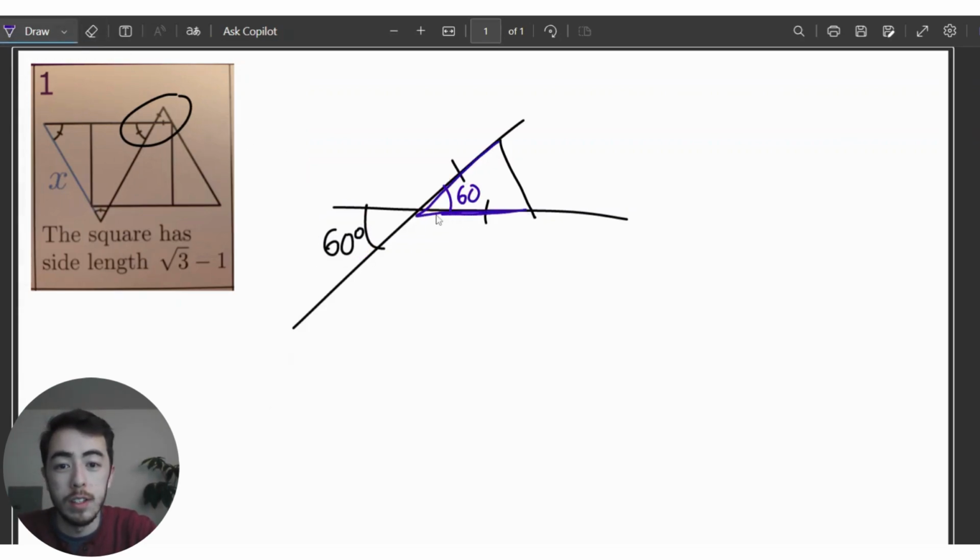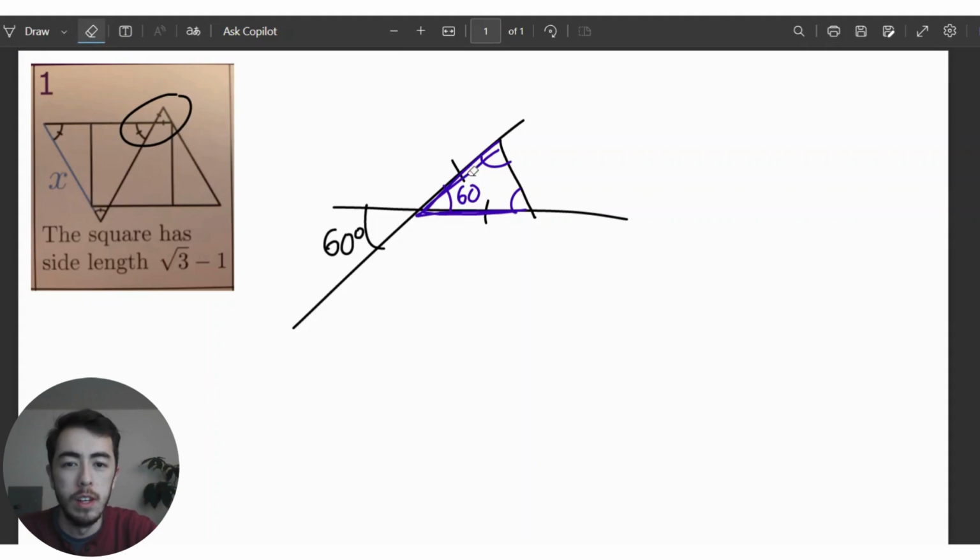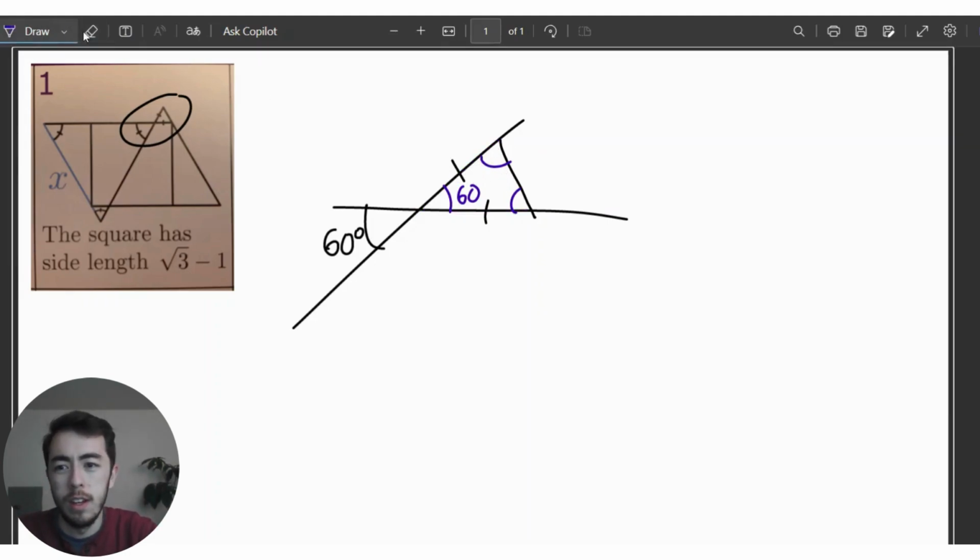Currently, this is an isosceles triangle. I know this because two of the sides are equal. And there is a theorem that states that these angles are also equal to each other in an isosceles triangle. Now, if these two are equal and there's a 60 already there, I'm pretty sure that they're all 60 then. So this is another teeny tiny equilateral triangle as well.